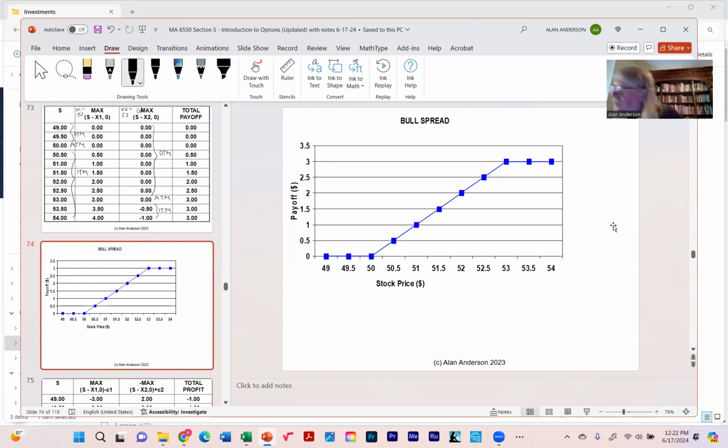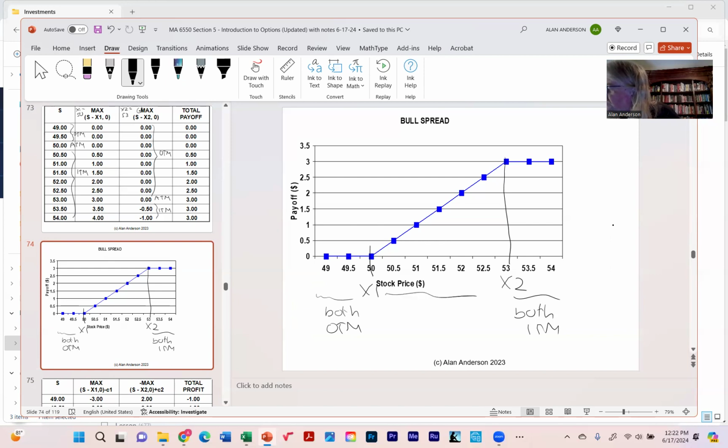And if you notice, there's two places where we have a change in the slope, x1 and x2. So here we have a payoff of 0 because both options are out of the money. Here they're both in the money. And then within this range, only the first option is in the money.